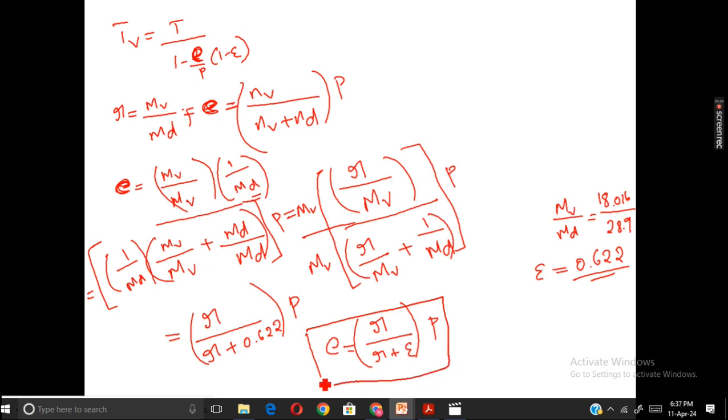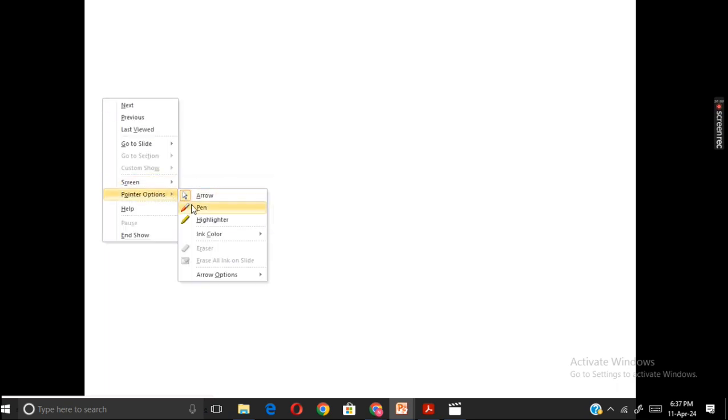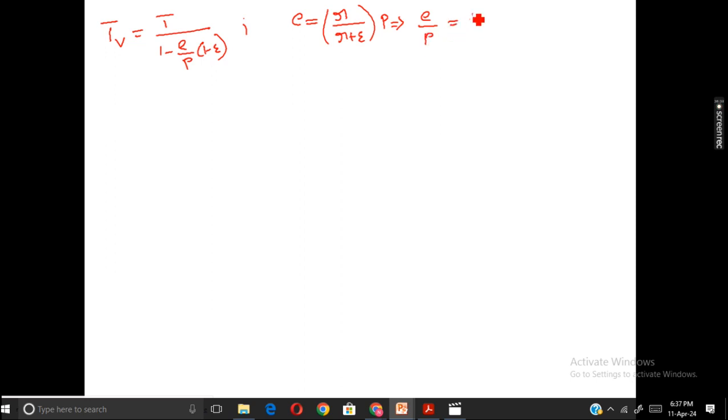So in the virtual temperature equation we have vapor pressure, but we don't have R. So what we can do is substitute the value of E in terms of R into the virtual temperature equation. The virtual temperature equation is given by TV is equal to T by 1 minus E by P into 1 minus epsilon. Just now we got E is equal to R by R plus epsilon into P, which implies E by P is equal to R by R plus epsilon.